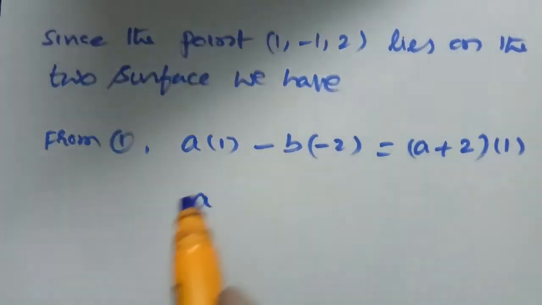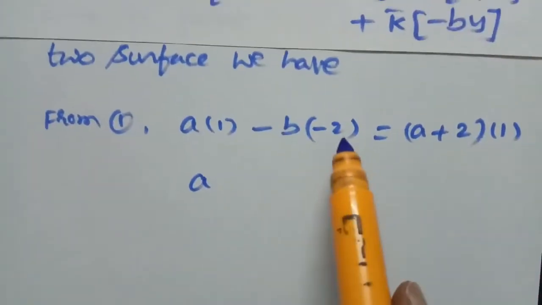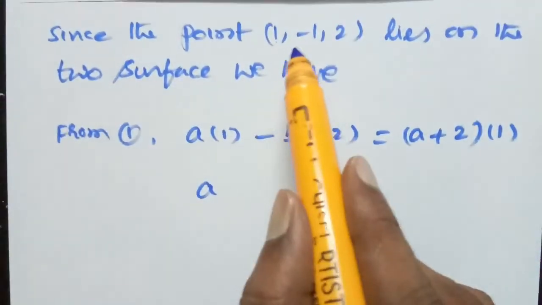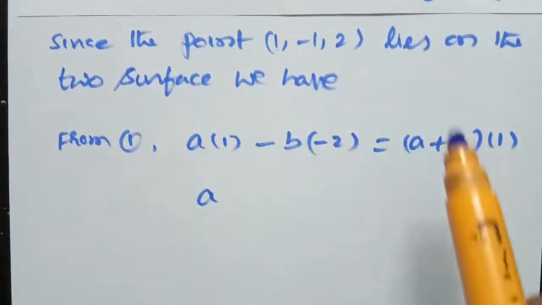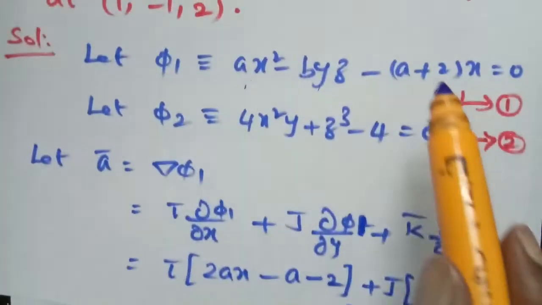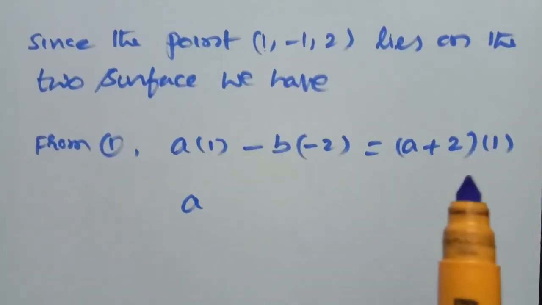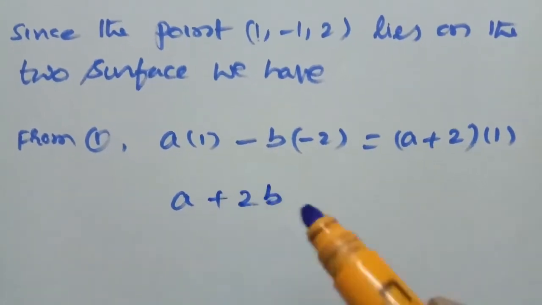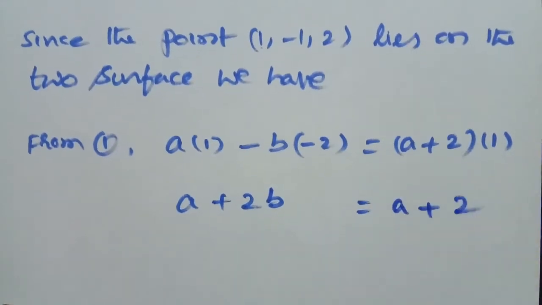Here we have substituted 1 squared, and y into z is -1 into 2, minus, and on the right hand side we write (a + 2) into x, where the x value is 1. So this is a + 2b is equal to a + 2.